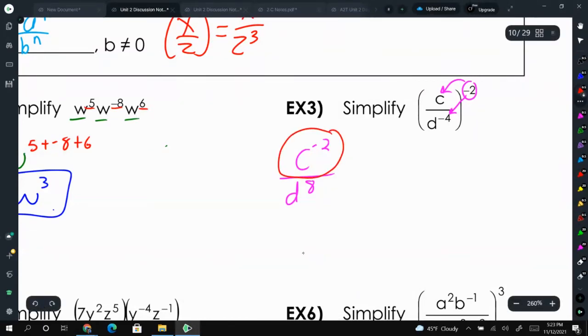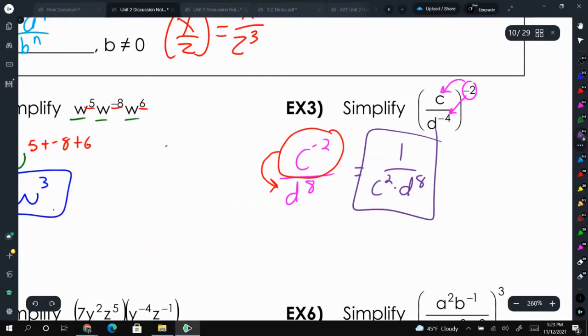This is a negative exponent in the numerator, so it goes to the denominator. Our d is already raised to a positive power, the positive 8th power, so I'm not going to do anything with it. I'm going to leave it alone. So it's going to be 1 over c squared times d to the 8th power. And that is my simplified expression.